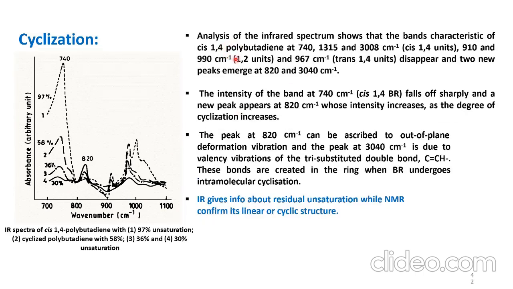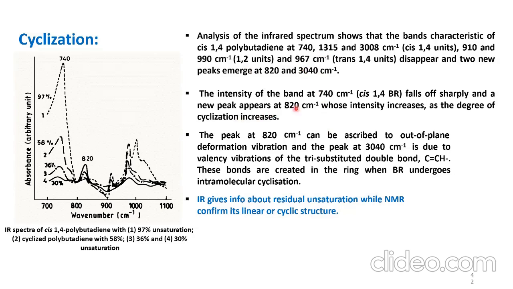Suppose this polybutadiene, these peaks will be there, and some of the peaks can disappear and new peaks can emerge at 820 and 3040. So those kinds of changes can be observed.